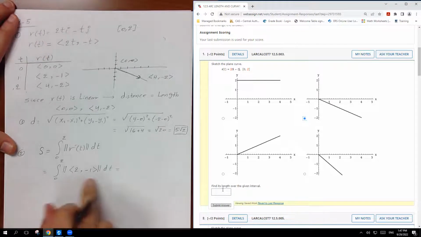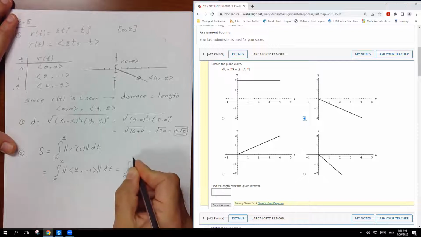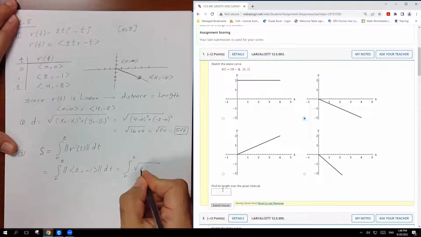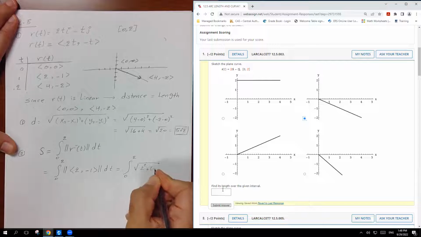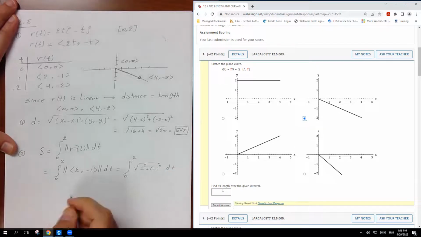Let's find the length first. The integral from 0 to 2 of the square root of 2 squared plus negative 1 squared, with respect to t.